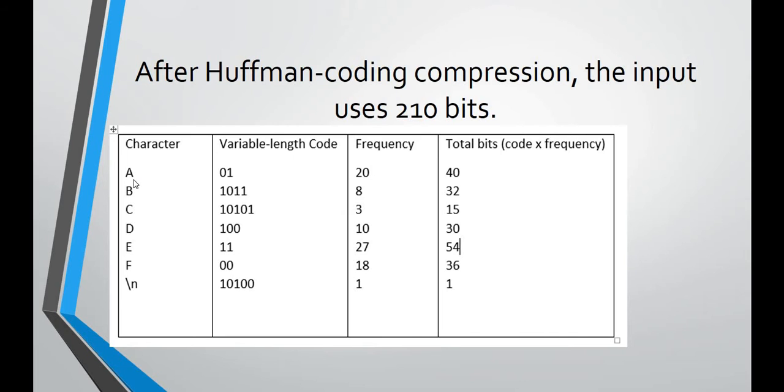And like I said at the beginning, characters with higher frequency like A and E have shorter codes, only 2 bits, and characters with lower frequency such as C and new line have longer codes, 5 bits in this case.